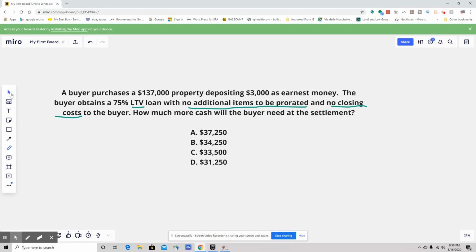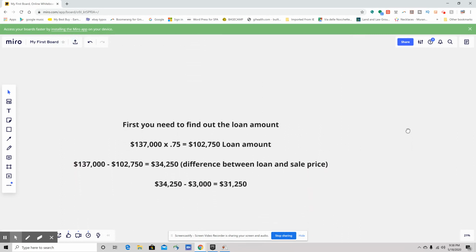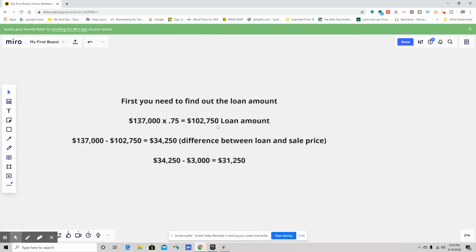So let's jump right into what we're going to be doing as far as the math is concerned. The first thing that we need to do is find out the loan amount. Given the sale price and the LTV, or loan to value, basically what percentage of the value of the property are they going to lend up to?